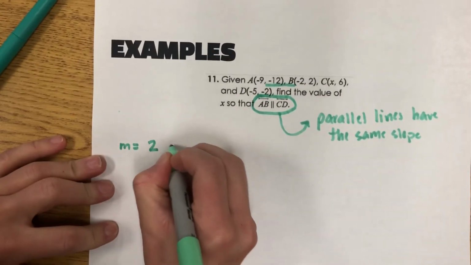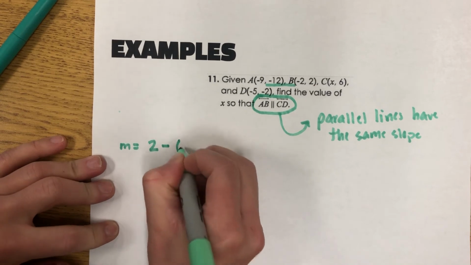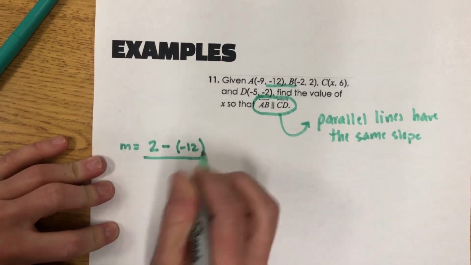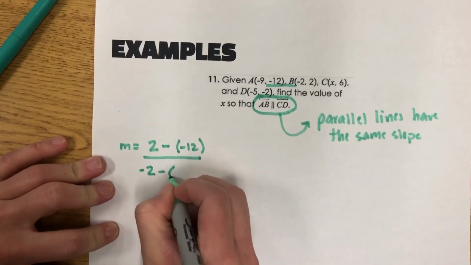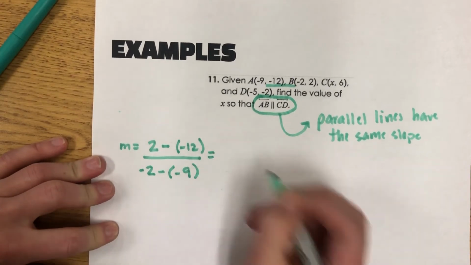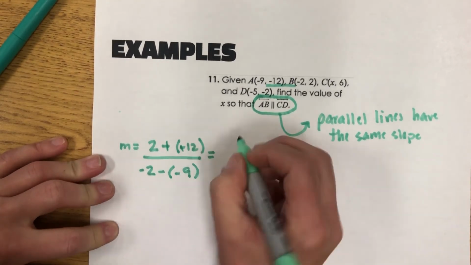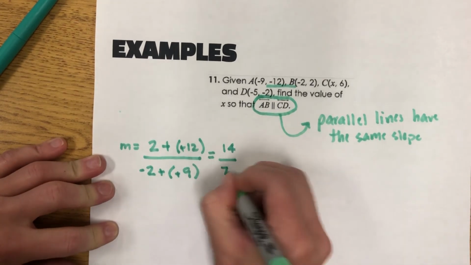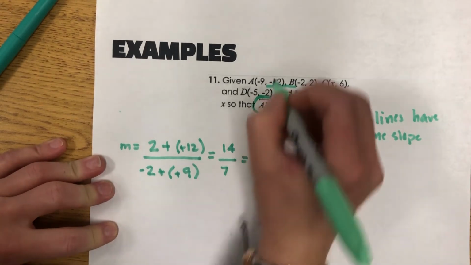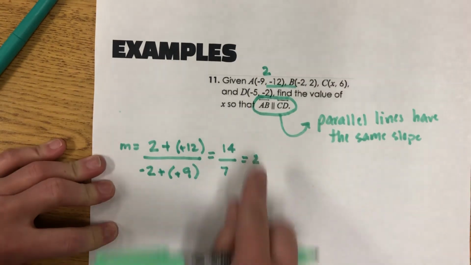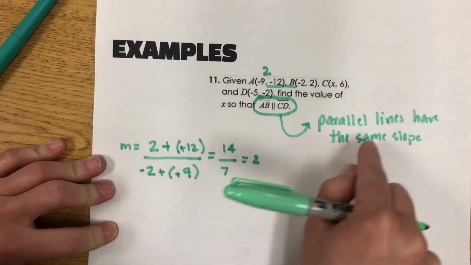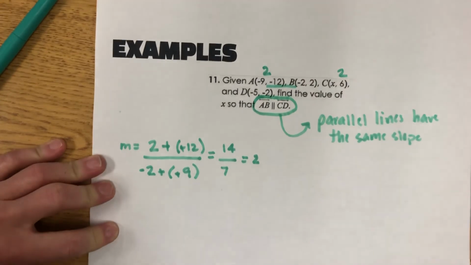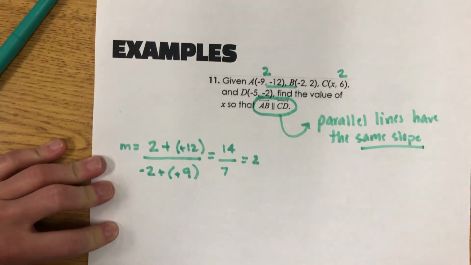M equals 2 minus -12 over -2 minus -9. So our slope of AB would be, that becomes a positive, that's 14 over -2 plus 9 is 7, that equals 2. So our slope for AB is 2. Well, we know because they're parallel to one another that our slope for CD is also 2. Remember, they have the same slope being parallel.